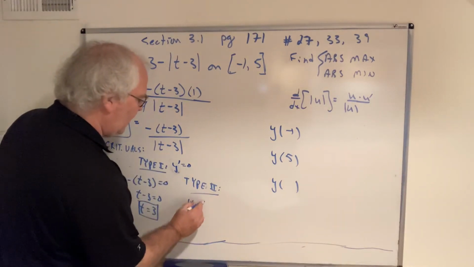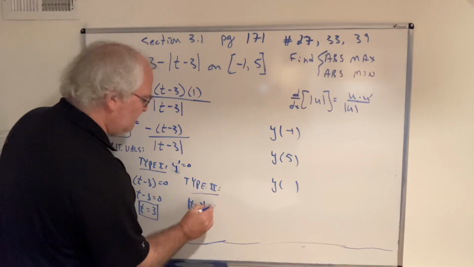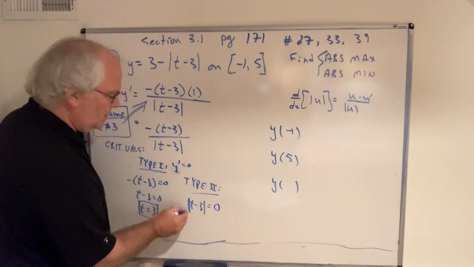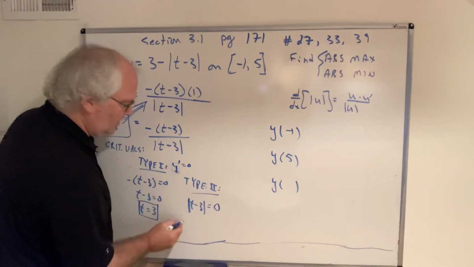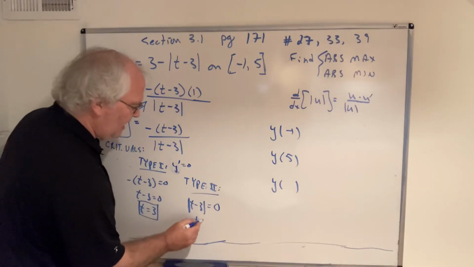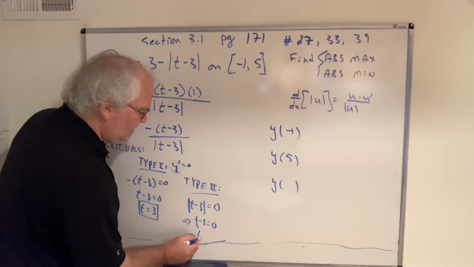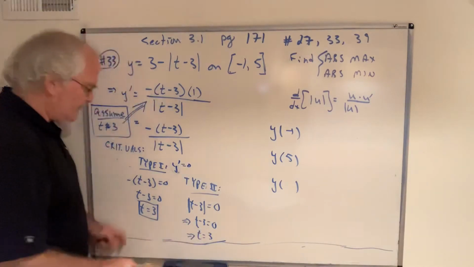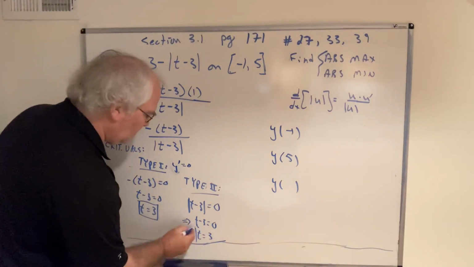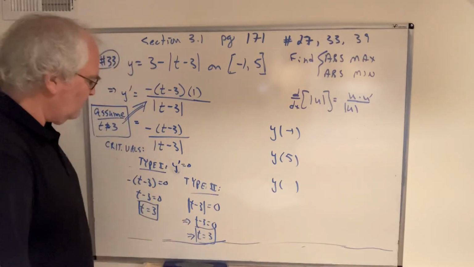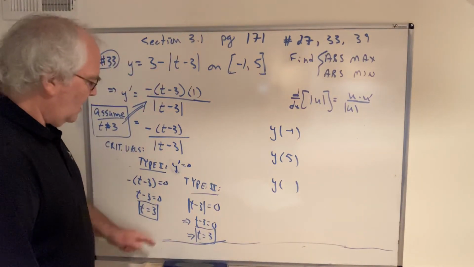T minus 3. Now, we're going to get the same solution as we had before, because absolute t minus 3 equal to 0 implies t minus 3 is equal to 0, which implies t is equal to 3. So we have the same value, but just for the record, that actually is a type 2 critical value for our purposes.